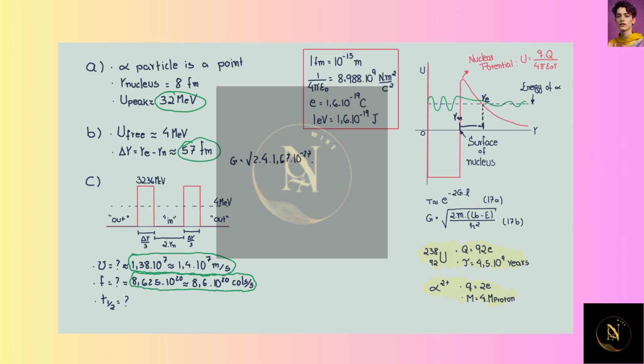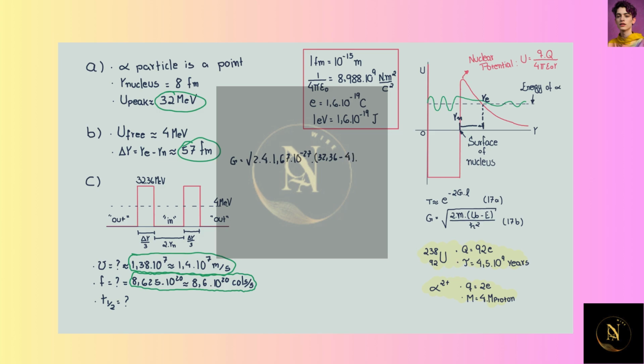Then we multiply it by U0 minus E. U0 is the height of that square barrier, so 32.36 mega electron volts. And E is the energy of the alpha particle, which is 4 mega electron volts.